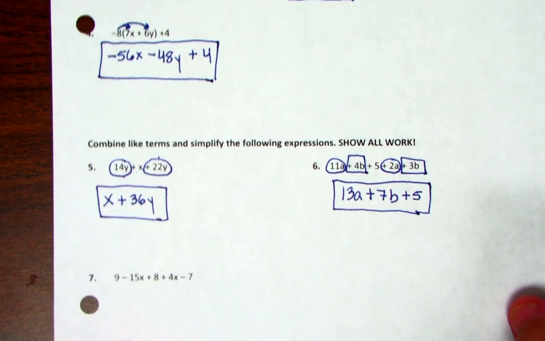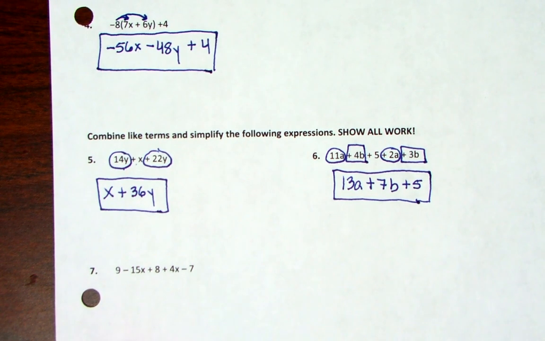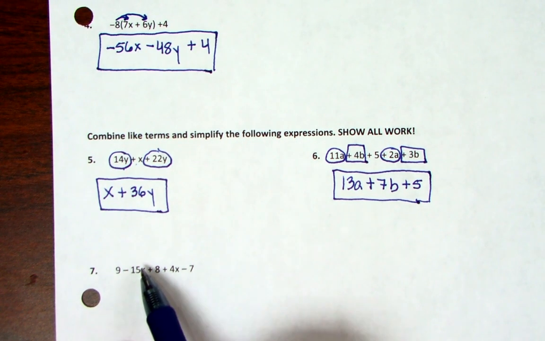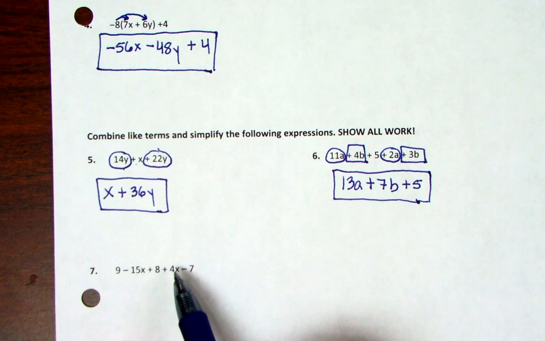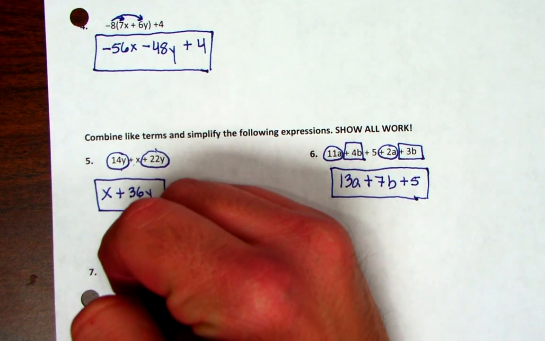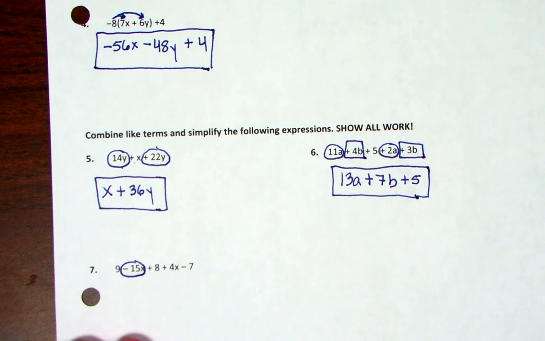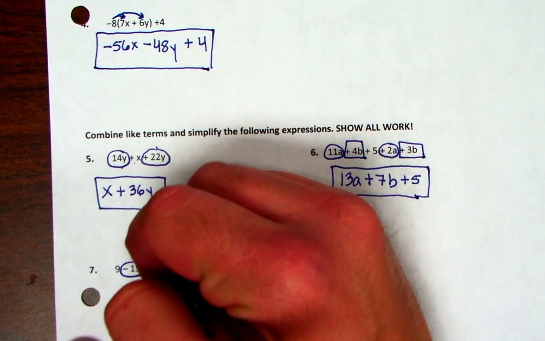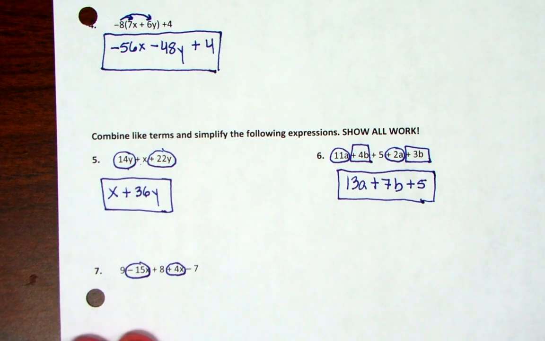Alright, number 7. Looks like we have constants, we have x's, we have constants, and we have x's. Let's start with our x's first. This says negative 15x, and it's increased by 4x. In terms of money, you owe me $15, but you pay me back 4.